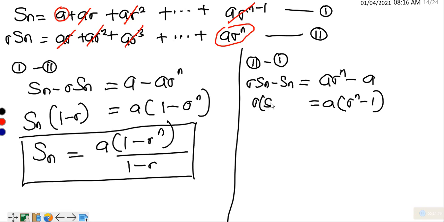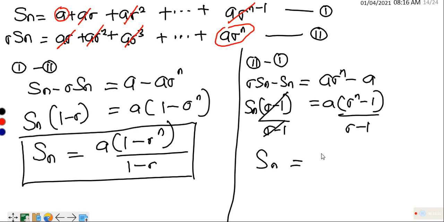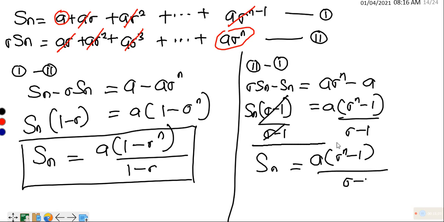So this is Sn into r minus 1, and dividing both sides by r minus 1, we have the formula Sn equals a into r raised to power n minus 1 over r minus 1 to be the second formula.